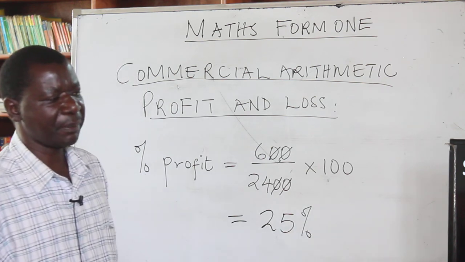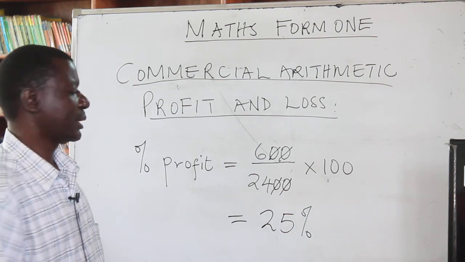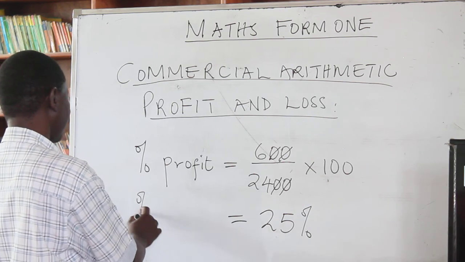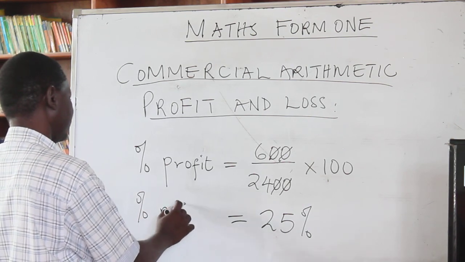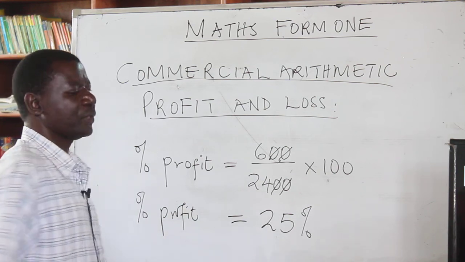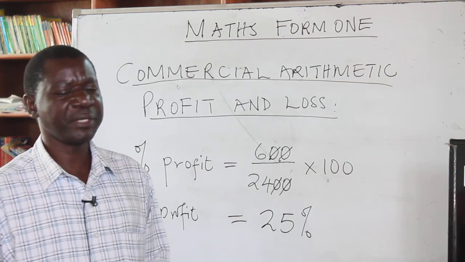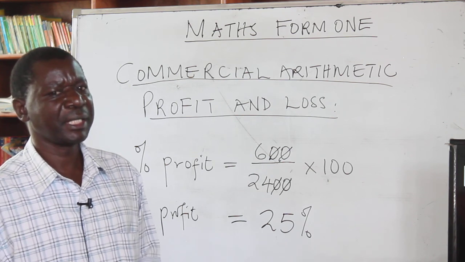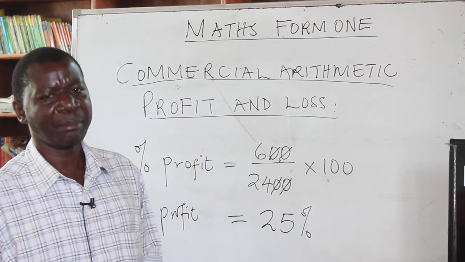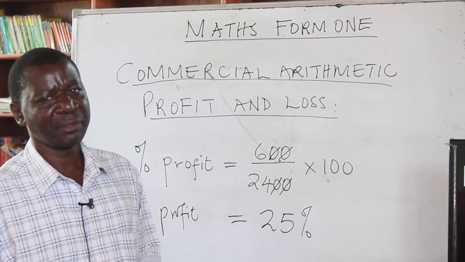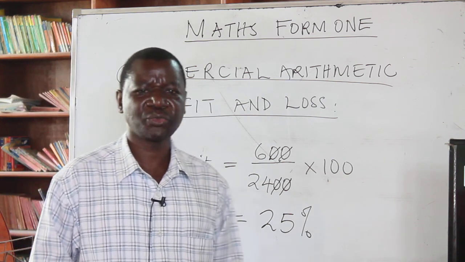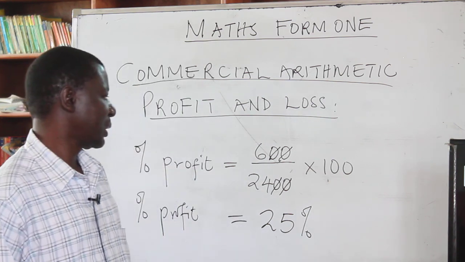So that is the percentage profit, because the percentage profit is given by the profit 600 divided by the buying price 2,400.